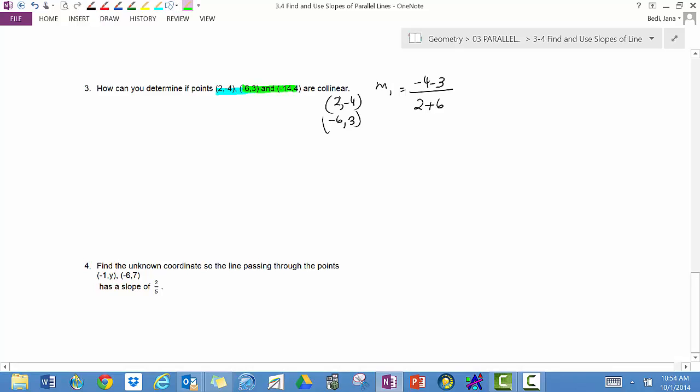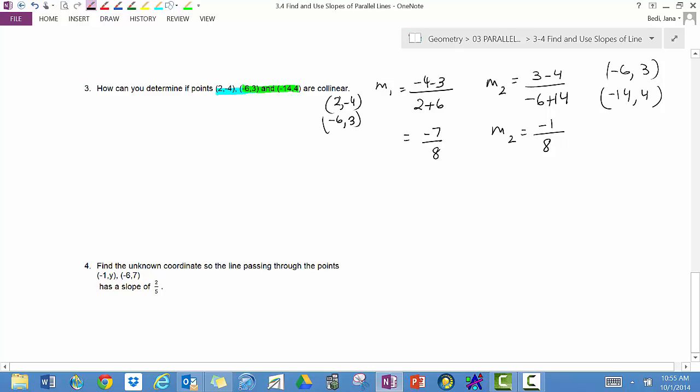I'll take these two, and I find m2. m2 equals 3 minus 4 over negative 6 plus 14. So let me write the points here. Negative 6, 3, negative 14, 4, 3 minus 4. Yes, that checks. So I'm going to just go ahead and work out the maths. m1 is negative 7 over 8. m2 equals negative 1 over positive 8.